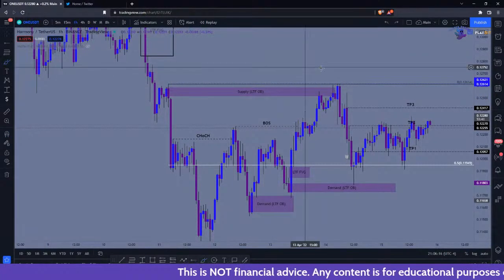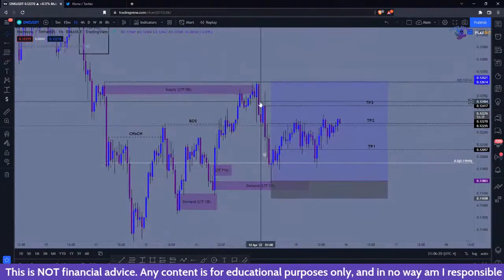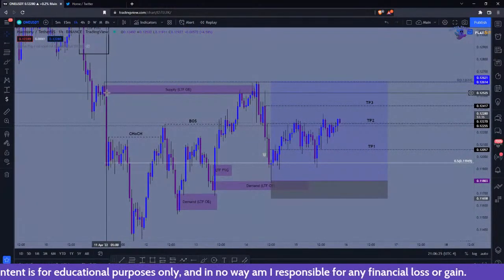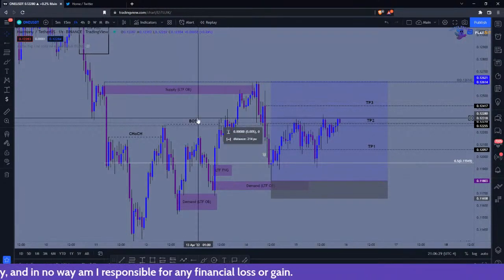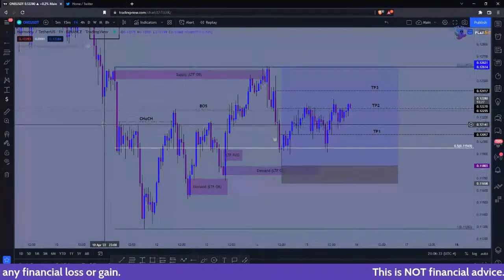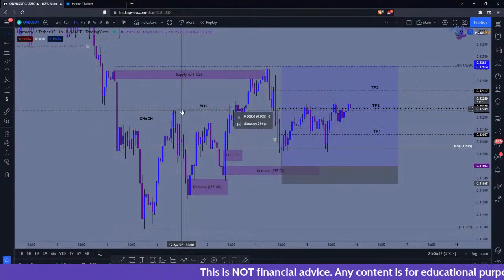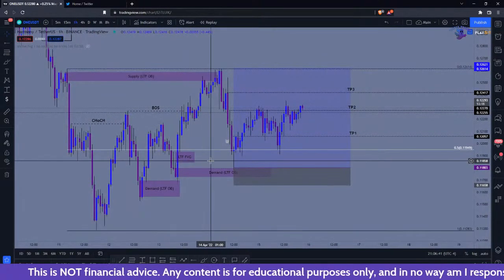So remember, whenever your car's out of gas, it's going to go back to where it can get more fuel. So when price reaches these highs and saps up all of this buy side liquidity, where is it going? It's going to go clean up liquidity to the downside. And since we have bullish structure in the form of a change of character upon a daily level, along with a break of structure to confirm it, we can look for longs.